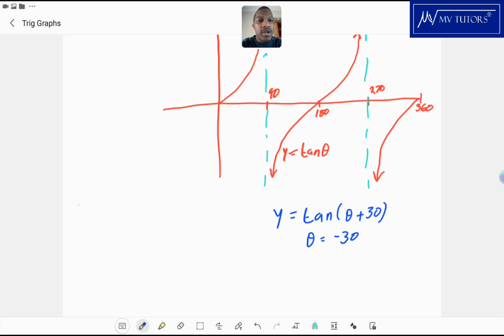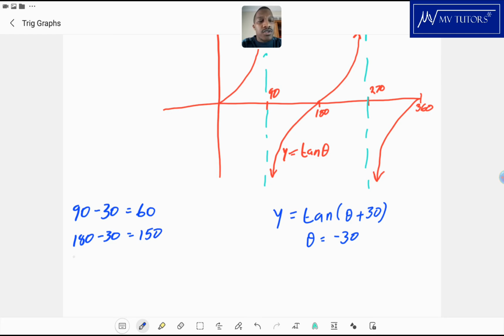So let's start with 90. 90 minus 30 is 60. So 90 becomes 60. The next number is 180 minus 30, which is 150.